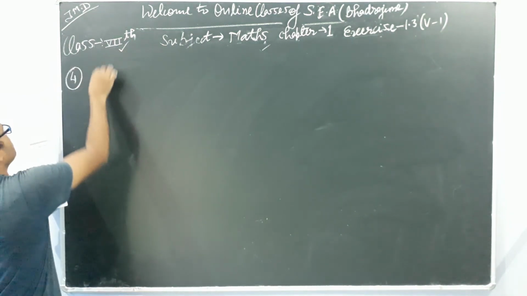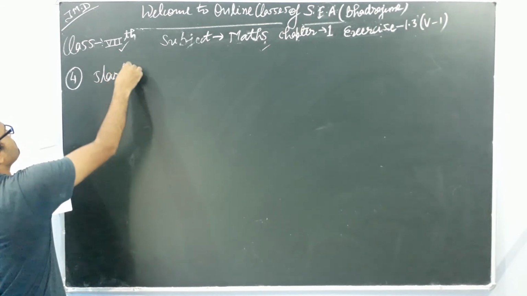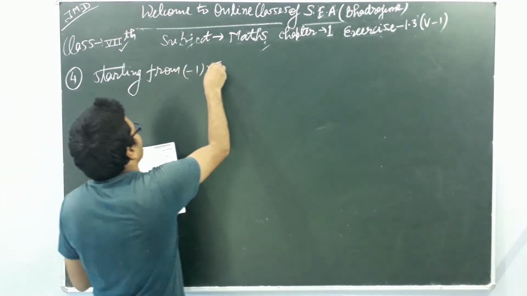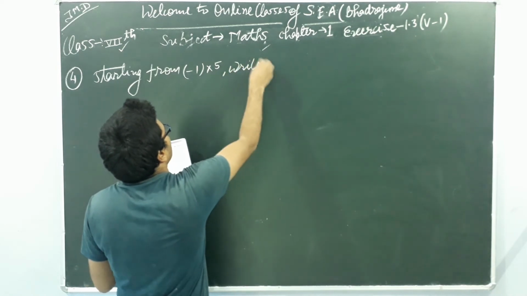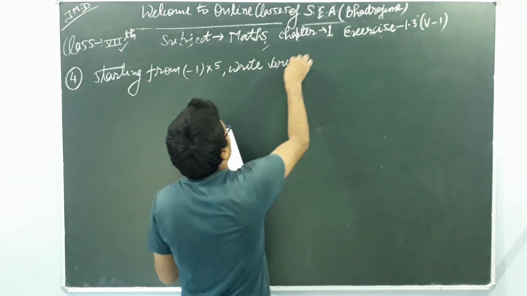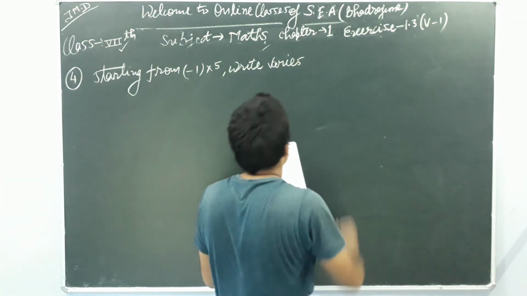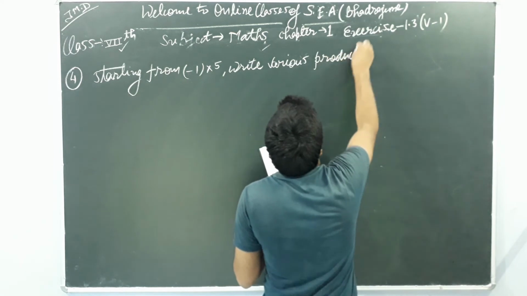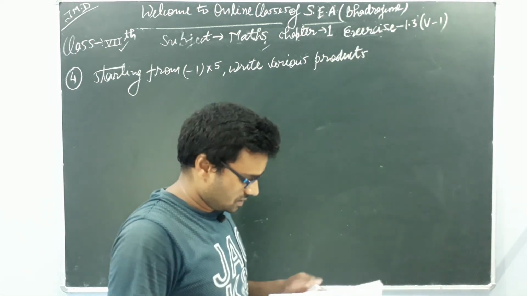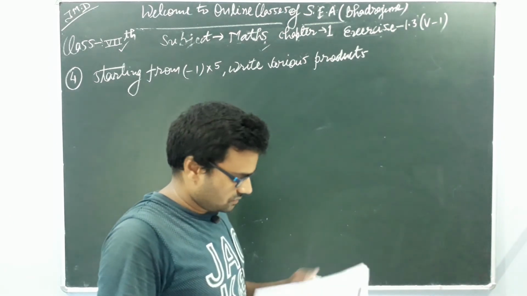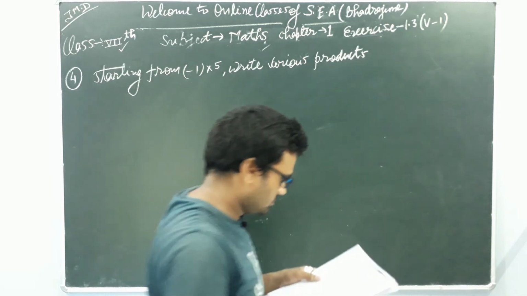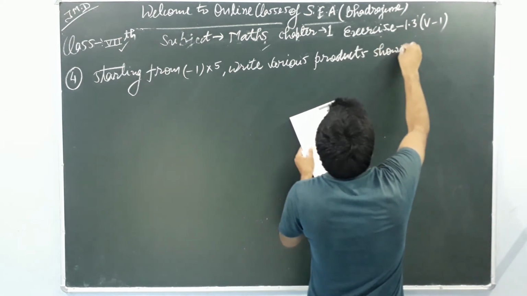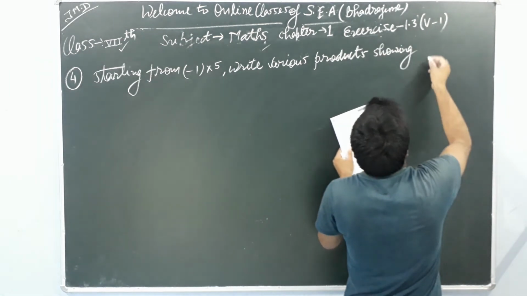Question number 4 is: starting from minus 1 into 5, write various products showing some pattern.